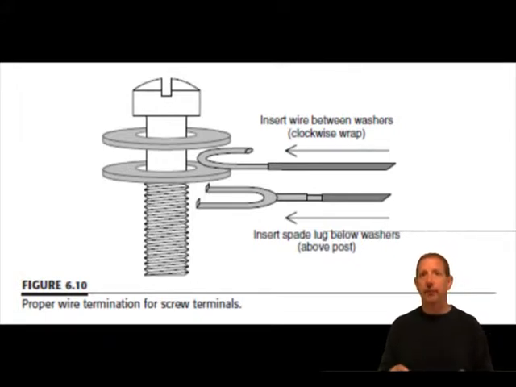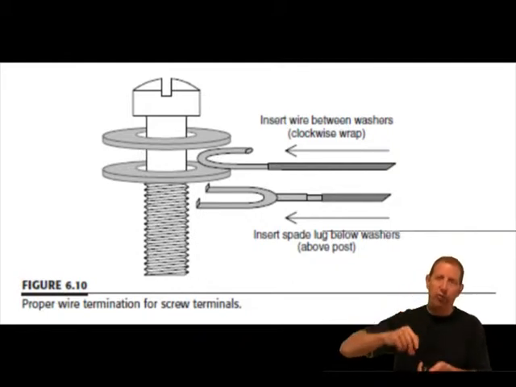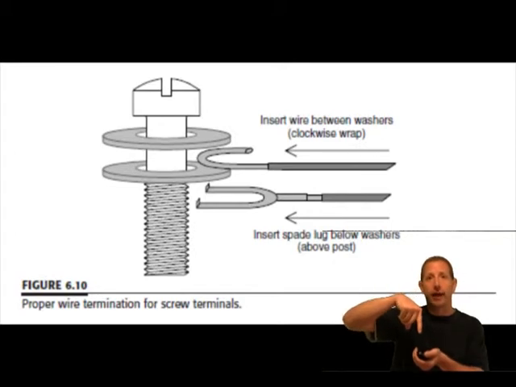The screw is tightened moderately, and an electrical contact is made in the sandwich made by the washers and the plastic post. The proper direction for the wrap is clockwise around the screw, and it must be between the 2 washers. The reason we have a clockwise wrap is because when we are tightening up the screw, it would actually cause the wire to wrap tighter.